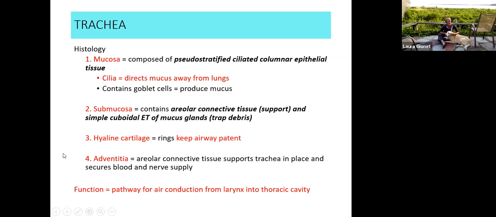So the trachea has 4 layers of tissue, and different tissues found in each provide different functions. It's similar to the layers of a blood vessel or the layers of the heart, where you have tissues that perform a specific function. In this slide of the trachea, we generally look at it in A&P 1, when it comes to the skeletal system, when we looked at the hyaline, elastic, and fibrocartilage histological slides.